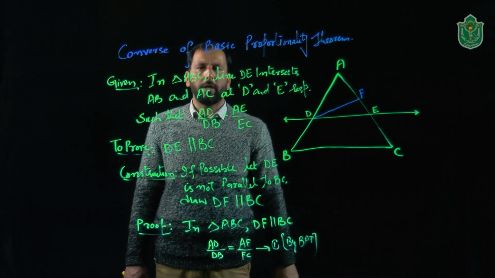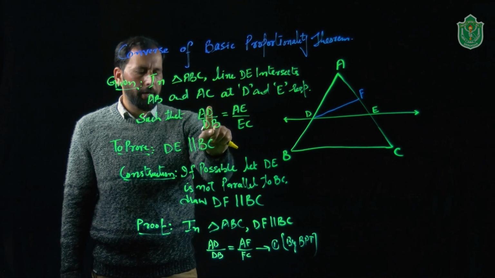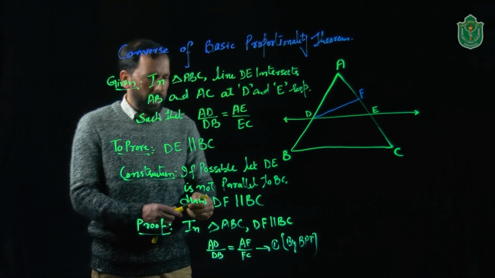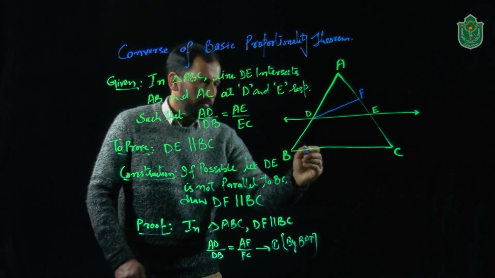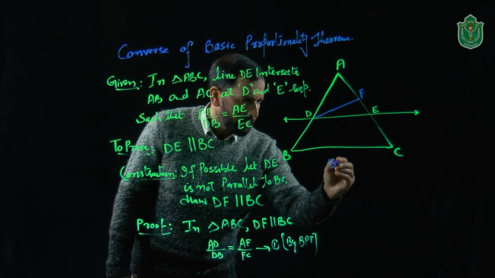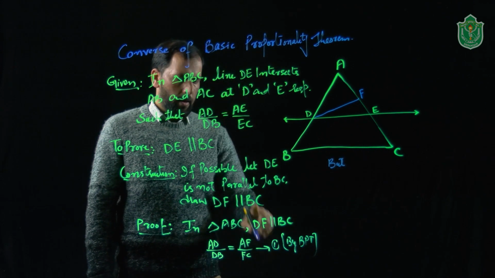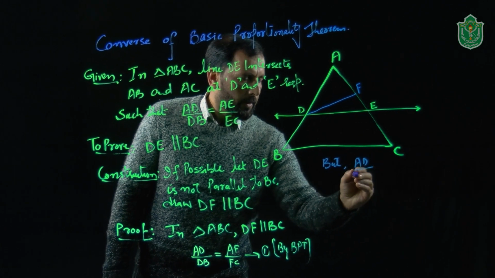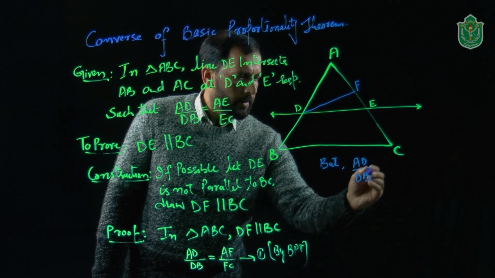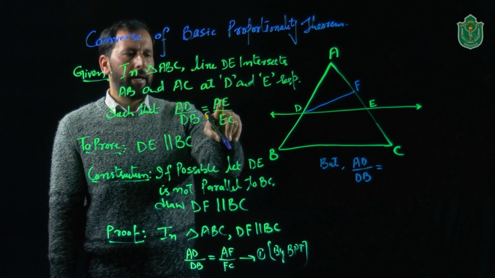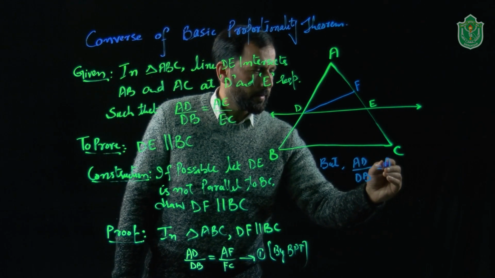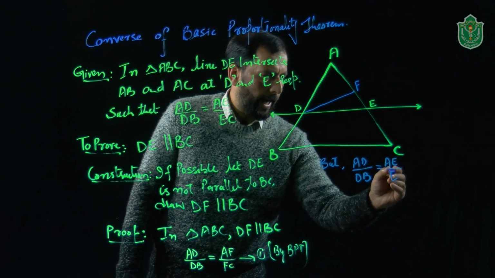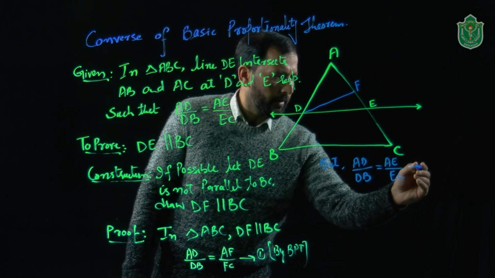But what is the given condition here? Given is AD divided by DB is equal to AE by EC. So AD by DB is equal to, by the given condition, AE by EC, and we call this second one.